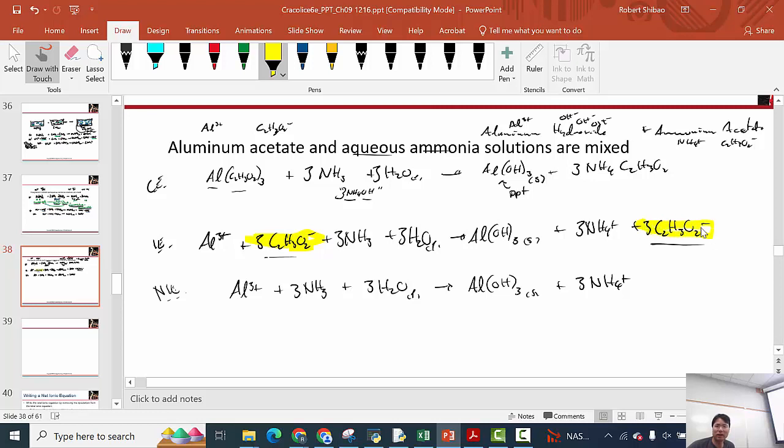So when I have it on both sides, it doesn't change. Everything else changed. Over here I have aluminum ion, over here I don't have aluminum ion, I have aluminum hydroxide. And so we can get rid of the ones that don't change. Some people say ammonia and ammonium should cancel, but they don't, because ammonia and ammonium are 2 different things.